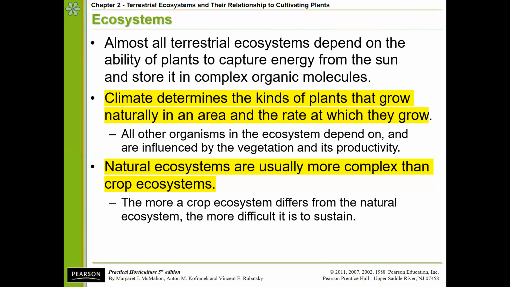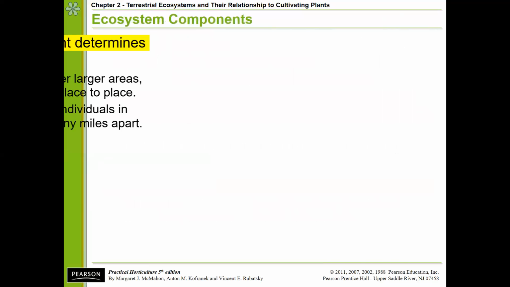And of course, natural ecosystems are more complex than crop ecosystems. We simplify our agro-ecosystems, and I don't think we could ever make a crop ecosystem that is as complex as a natural ecosystem, especially something like a tropical rainforest. Extremely complex ecology.